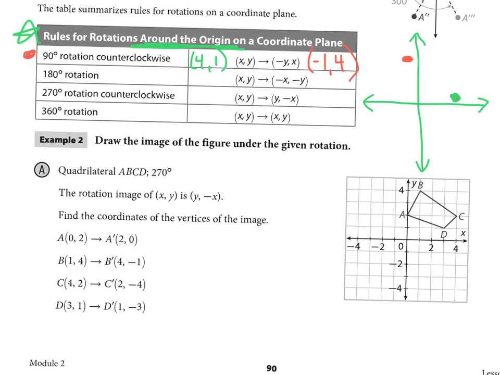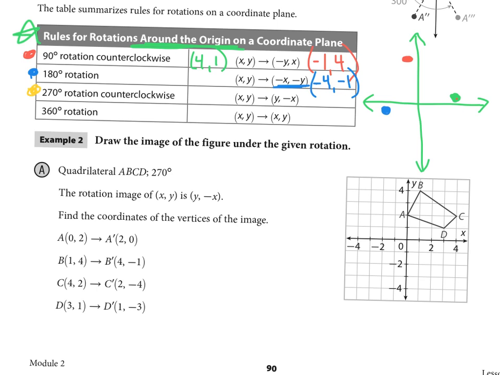A 180-degree rotation would be 2 quadrants. So I would go 1, 2, and that is going to land me right about here. When I look at where that point would be, it would be negative 4, negative 1. So you can see the relationship on how that changes with those rules.